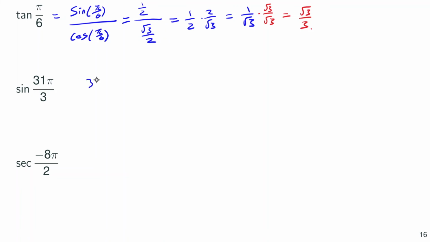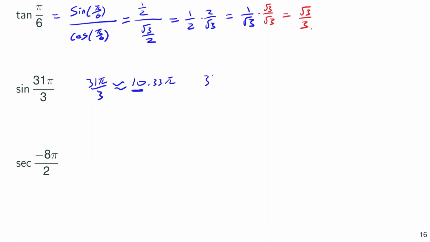We know that 31 pi over 3 is about 10.33 pi. So it's 10 and some decimal. Okay, so 10 pi, that means, since 2 pi is a full rotation, we can subtract 5 full rotations.